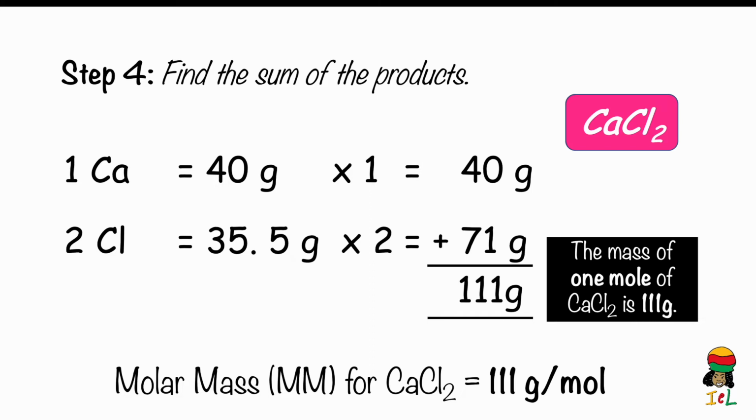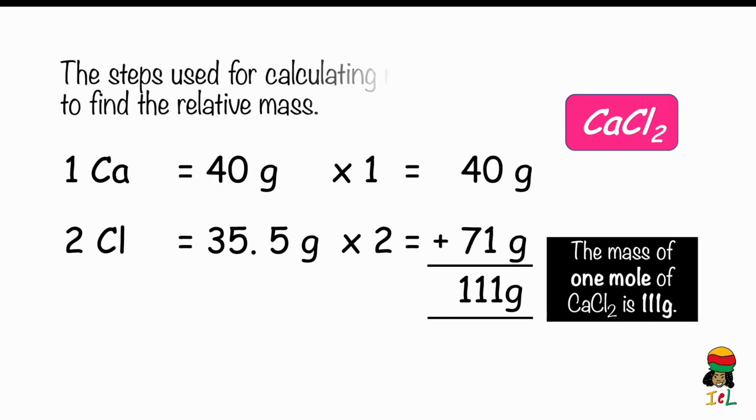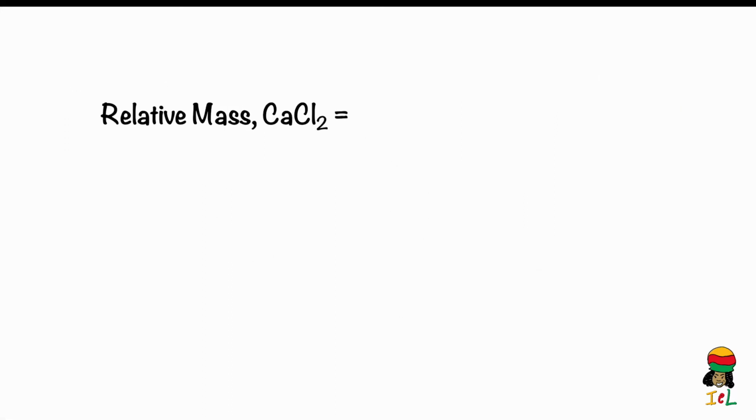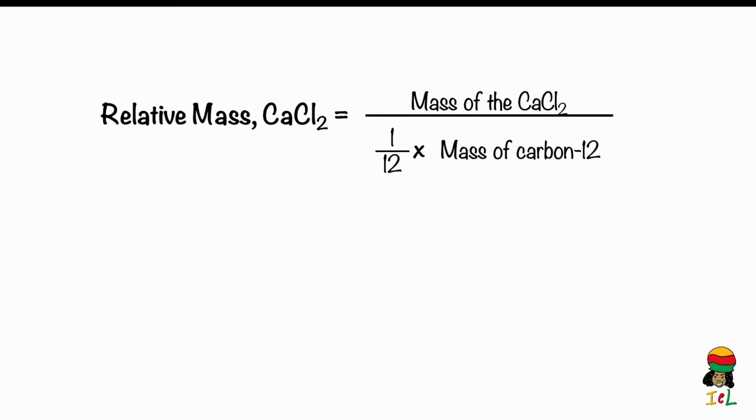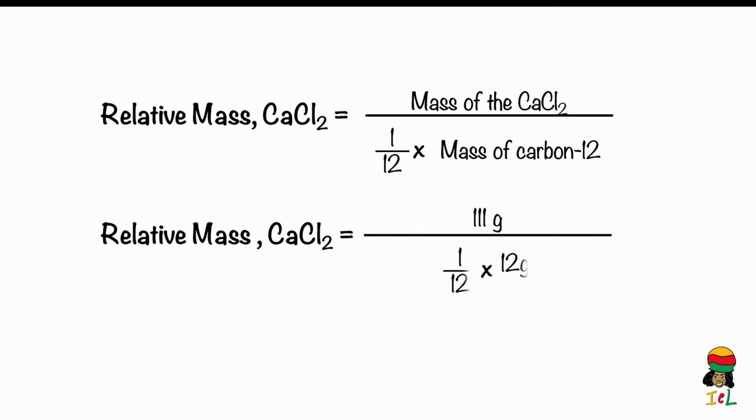Now we will move to finding the relative mass for calcium chloride. When calculating the relative mass, we use the same procedure as the one we just used for finding the mass of 1 mole of the substance. The only difference is the mass of 1 mole of calcium chloride, which is 111 grams, is compared to 1/12 of the mass of carbon 12.